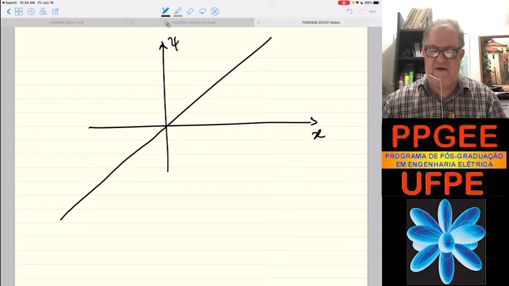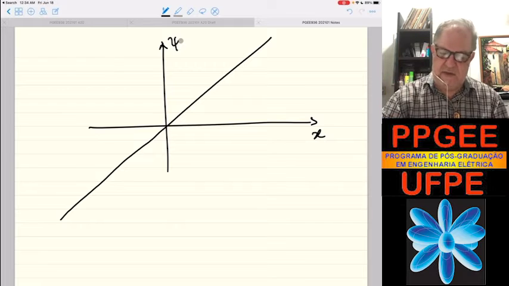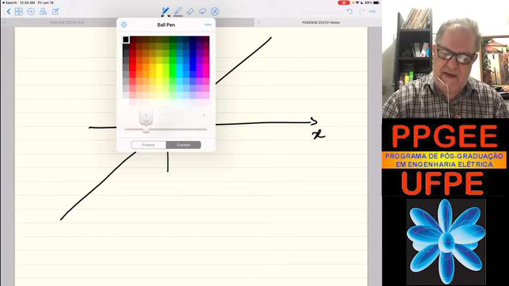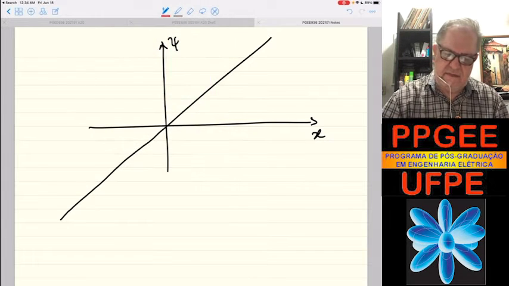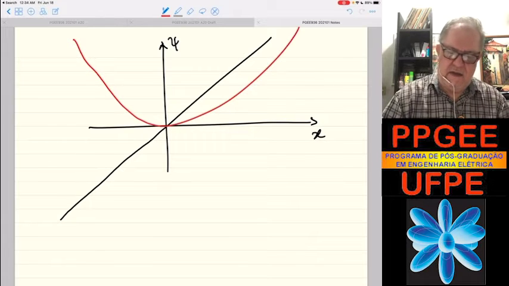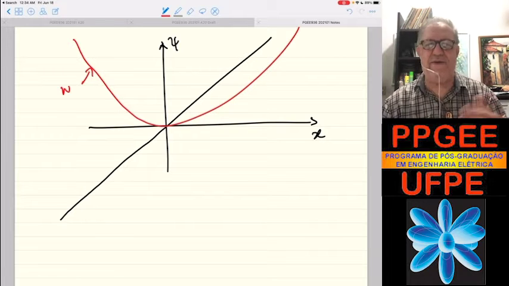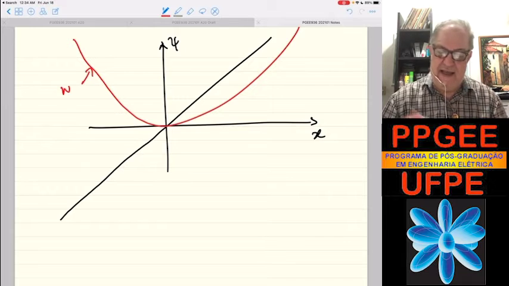So this is field, E or H. Energy goes with the square of the field, right? So the square of the field is going to be a parabolic behavior. So that's energy density. By chance, we are using the same symbol.